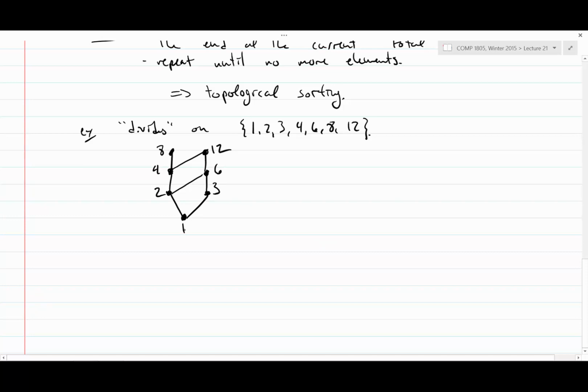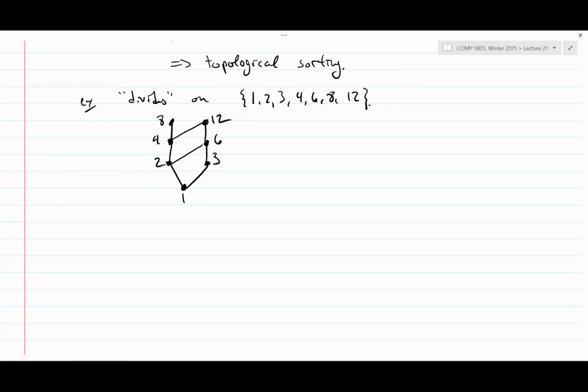That's my Hasse diagram for the divides relation on 1, 2, 3, 4, 6, 8, 12. And what I'd like to do is topologically sort this thing. So I look for the minimal element, or one minimal element. In this particular case, there's only one minimal element. It's 1. So I add 1 to the end of what I have so far. I don't have anything so far, so I just put down 1.